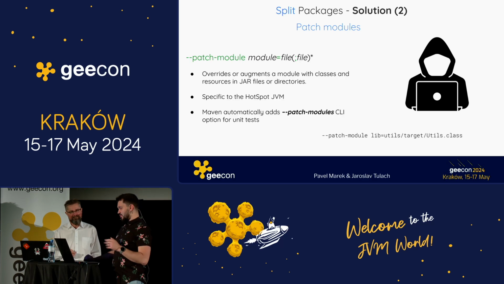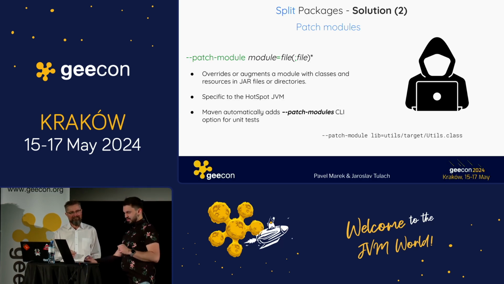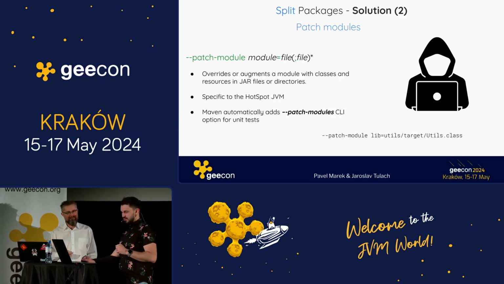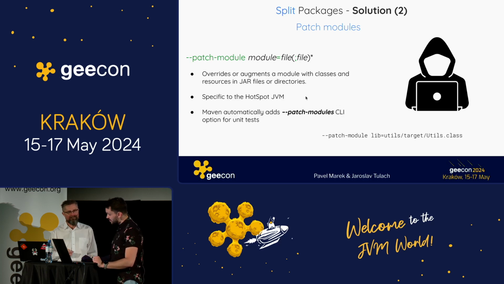So for backward compatibility, there are some command line options that are now only in the HotSpot JVM. For example, patch modules allows you to add some classes to a different module.